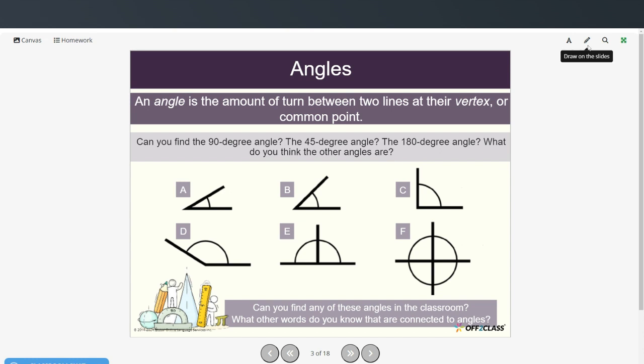Well, the 90-degree angle would be C. The 45-degree angle would be B. The 180-degree angle would be E.